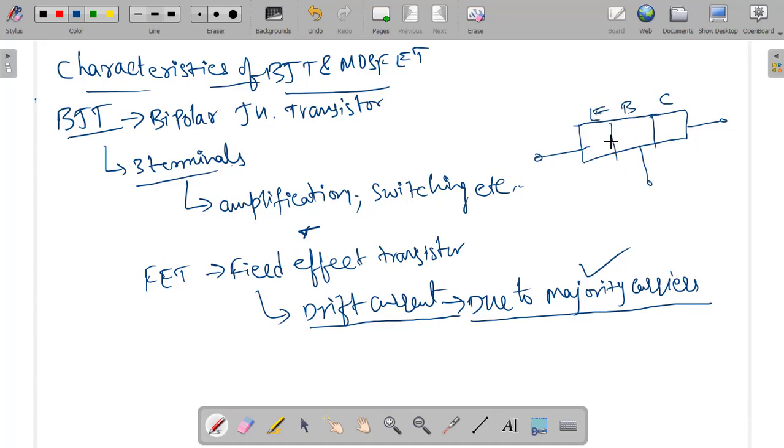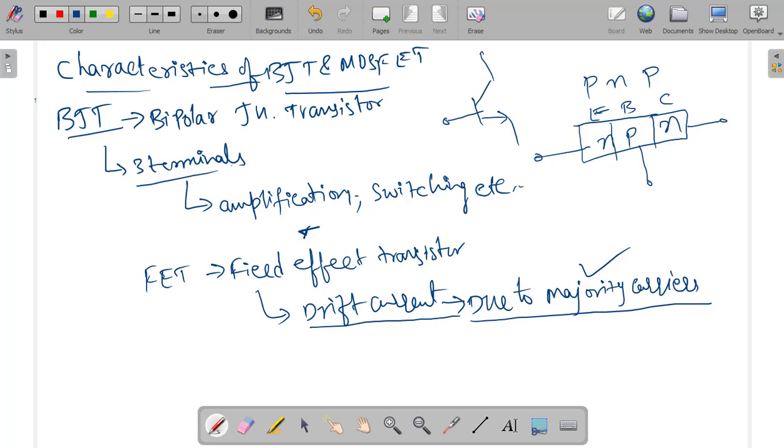Either it may be NPN bipolar junction transistor or PNP bipolar junction transistor. The only difference is in the structure.